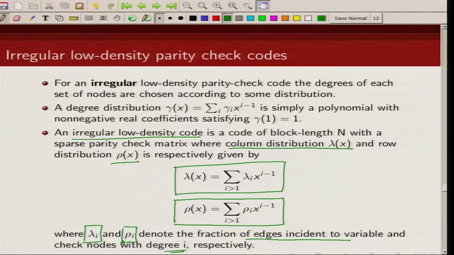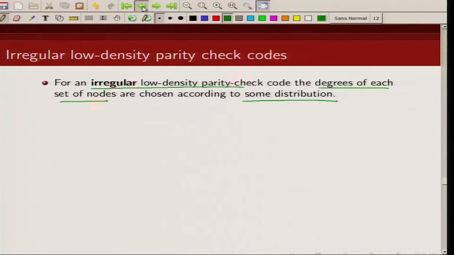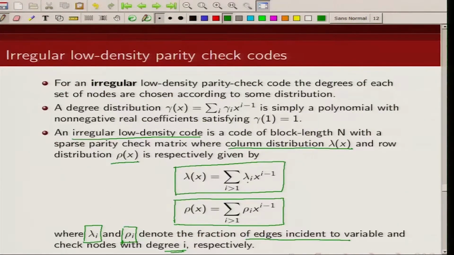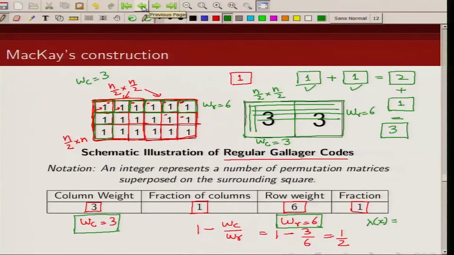So, let us take an example to illustrate this. Let us see if we use the same degree notation to represent this. The column degree distribution is defined by lambda x. Here, for the regular LDPC code, all the columns have weight 3. So, lambda I here is 1, and we define x raised to I minus 1, and I here is 3.